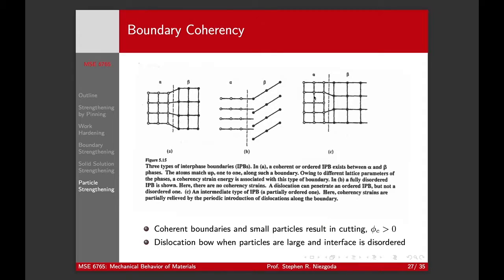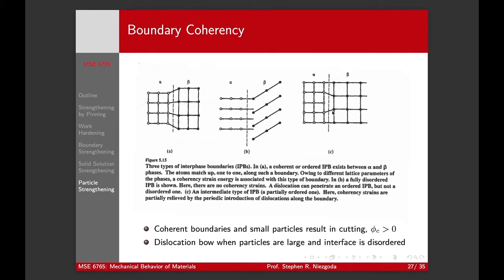And then we have a third type, where this is a coherent boundary but the coherency strains would be too large. But we can remove a lot of those coherency strains by having a periodic array, in this case of edge dislocations, that helps remove those coherency strains.